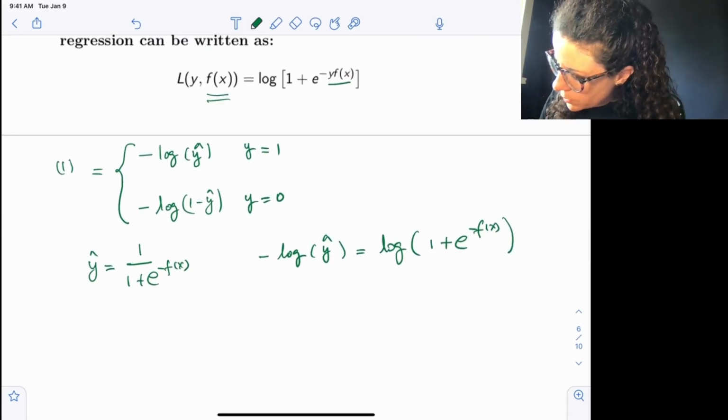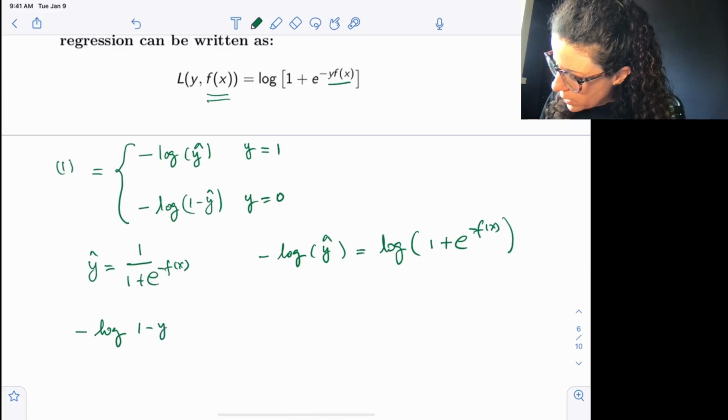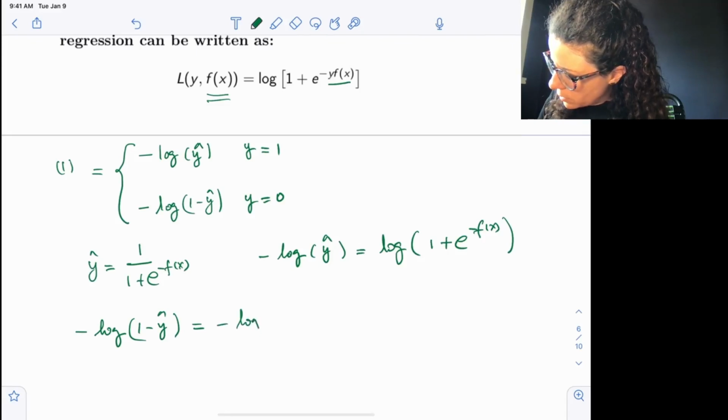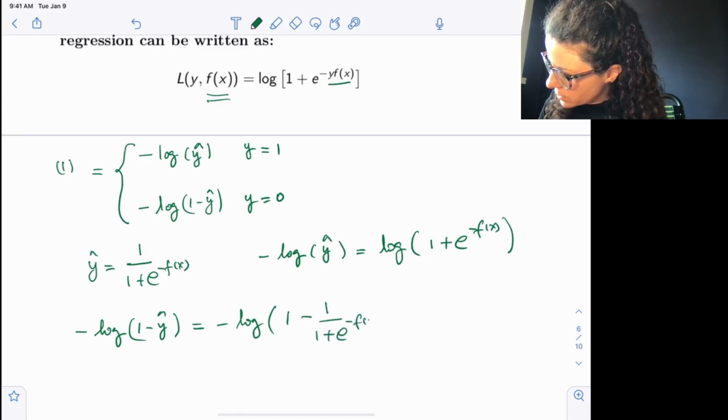Now if we take minus the log of 1 minus y hat, let's see what we have. We have minus the log of 1 minus 1 over 1 plus e to the minus f of x.